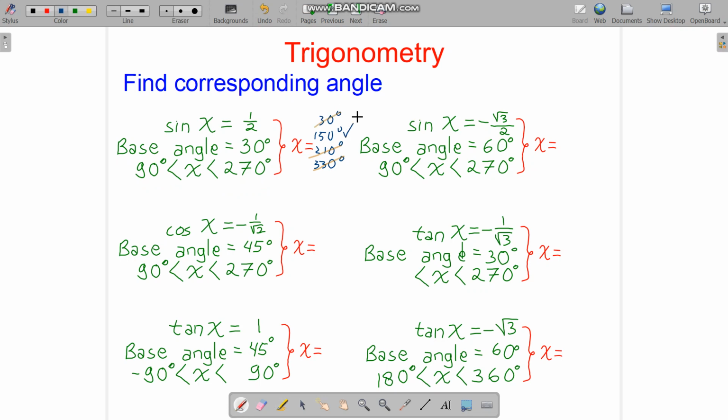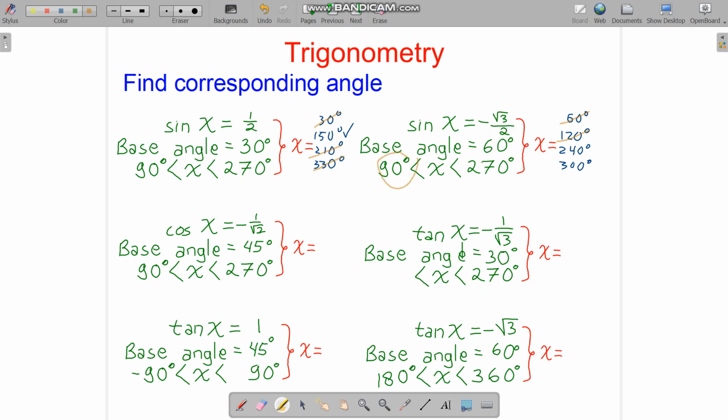So we have only one solution here. So for this example, 60 degrees, it could be in the first quadrant, a corresponding second quadrant value, corresponding third quadrant value, and the fourth quadrant value. Because we need to get something negative, we cannot use the first quadrant, and this is sine, so we cannot use the second quadrant. It's got to be negative.